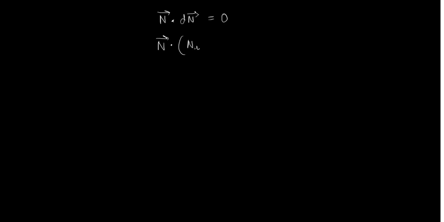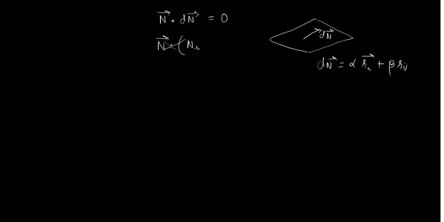Now what I am trying to say is that this dn lies somewhere in my tangent plane. It means dn must be some combination of alpha Ru plus some beta Rv. And remember that dn lies there.